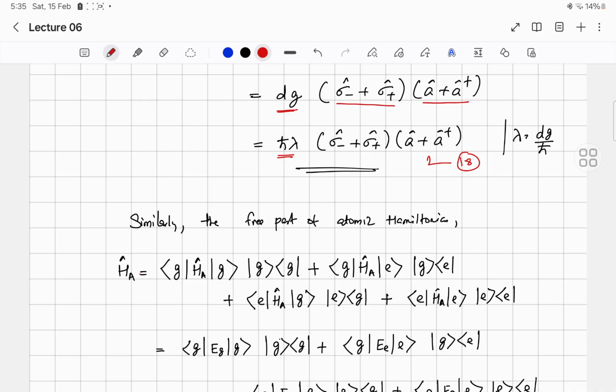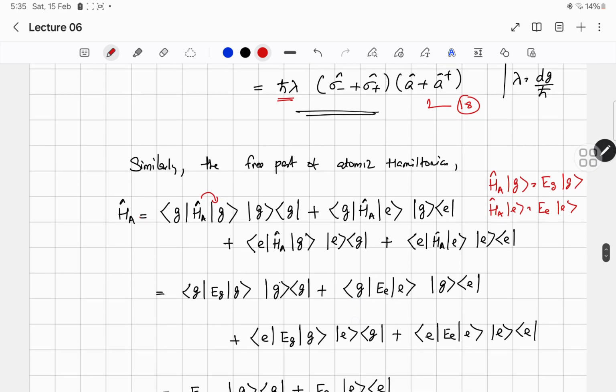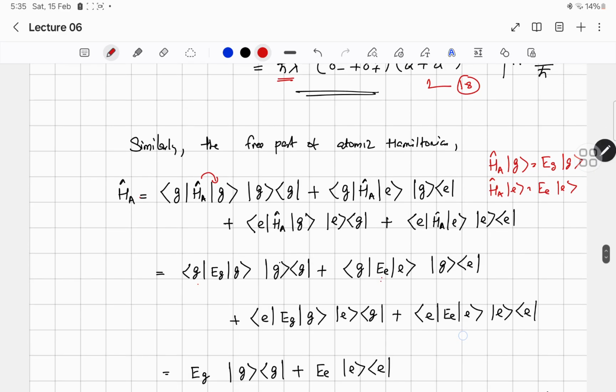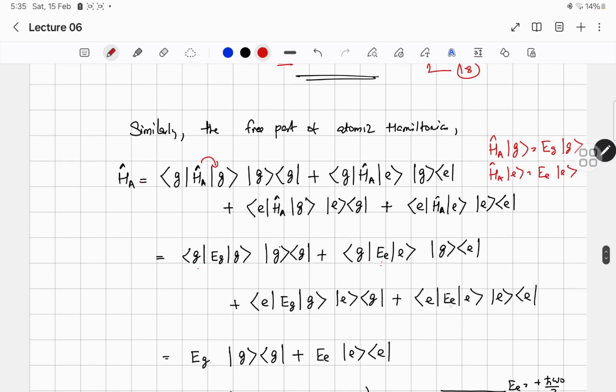Okay, in order to identify it, let us denote HA acting on the ground state would be EG times the ground state. Remember, EG is the energy of the ground state, and HA acting on the excited state would be EE times the excited state. So HA acting on G would give EG|G>, and HA acting on E would be EE|E>. So a total of 4 terms are there.